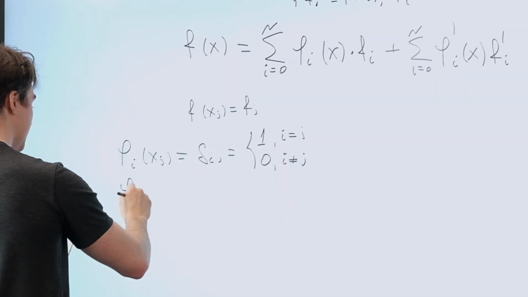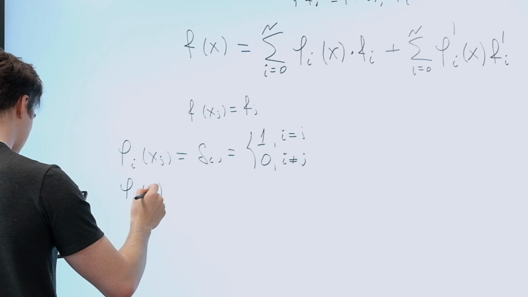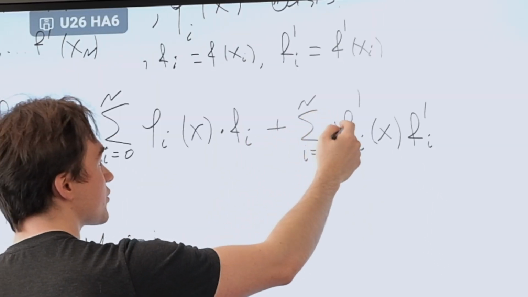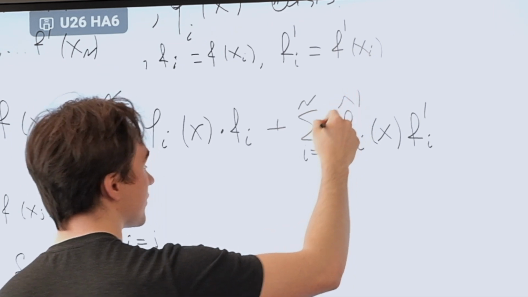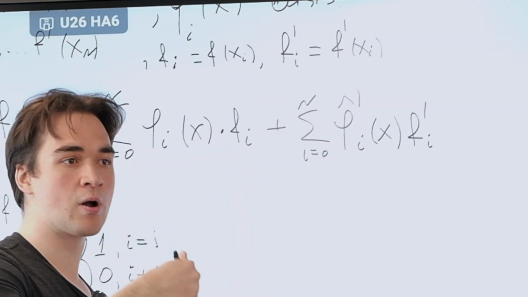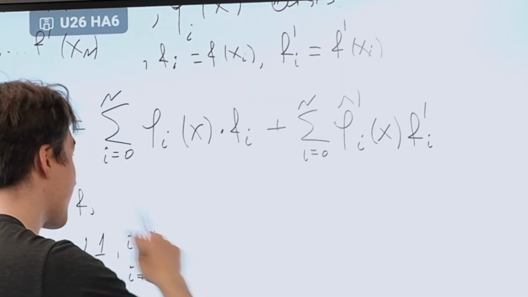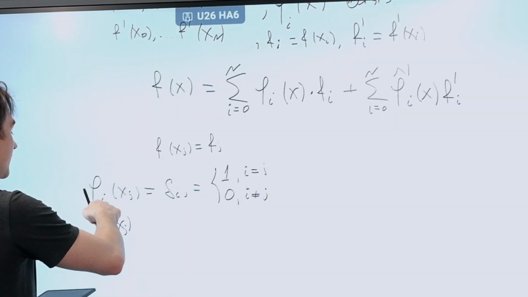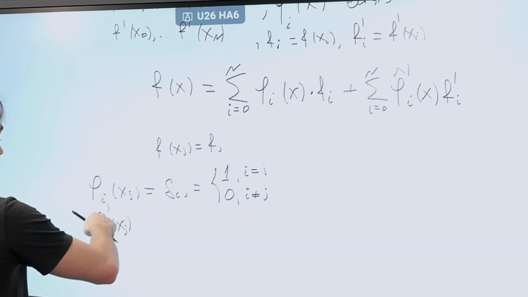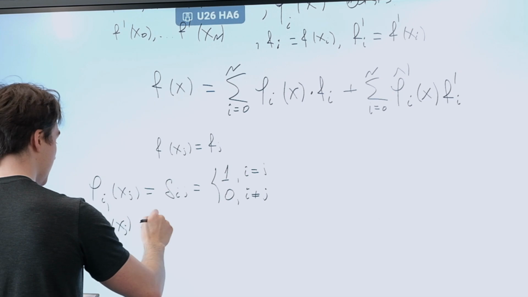Then let's use a different function, not the same. So we will have two bases, one for our function and another for the derivative of our function. For the first basis, the derivative phi i prime at x j is supposed to be 0.